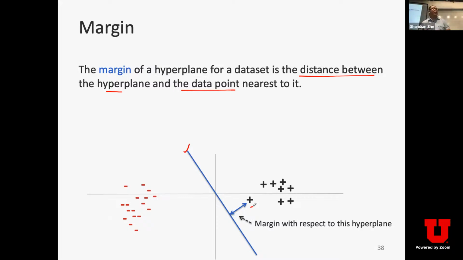So this is the definition of margin. Just be careful: margin is defined between a hyperplane and a data set, and the precondition is that this particular hyperplane can well separate all the examples in that data set. If it does not separate this data set, it doesn't have any margin.